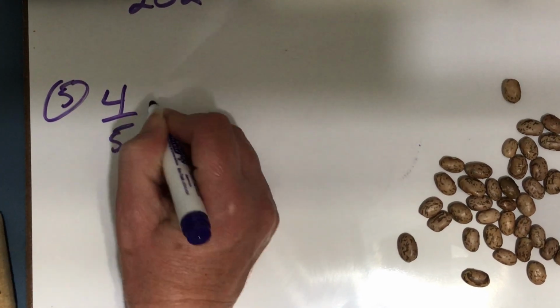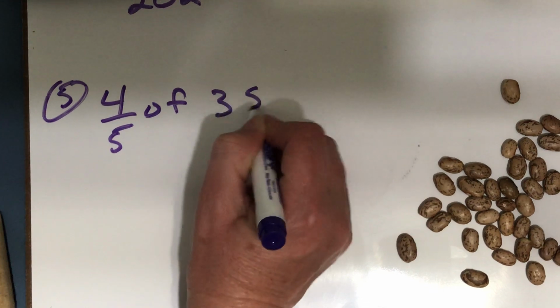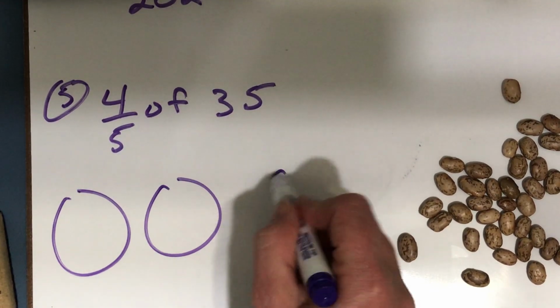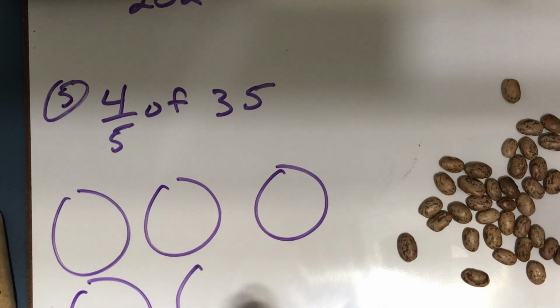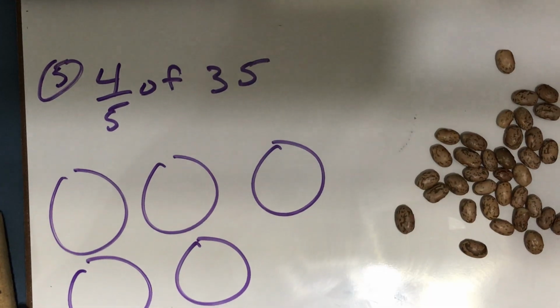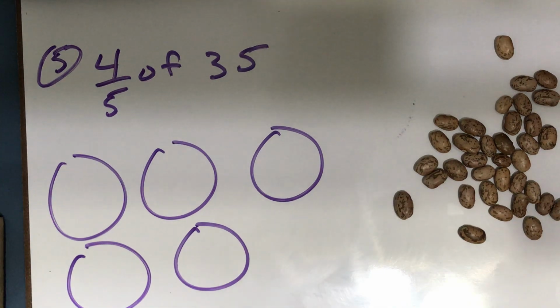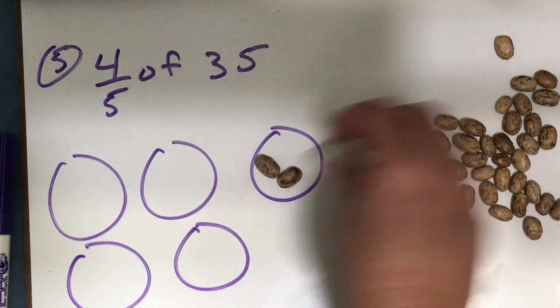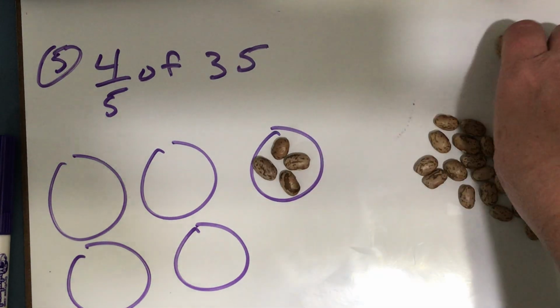And my denominator is 5. So that tells me how many circles I need. So 1, 2, 3, 4, 5. 5 circles. And I have 35 beans. 35 divided by 5 is 7. So I'll put 7 beans in each circle.